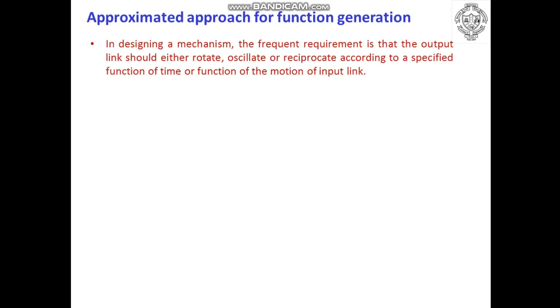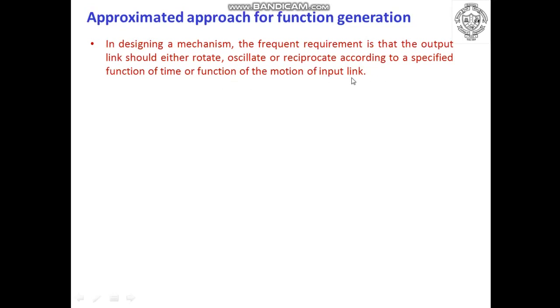Now let us study the approximate approach for function generation. Just now I have stated what function generation is. While designing a mechanism, the frequent requirement is that the output link should either rotate, oscillate or reciprocate according to a specific function of time or function of motion of the input link.